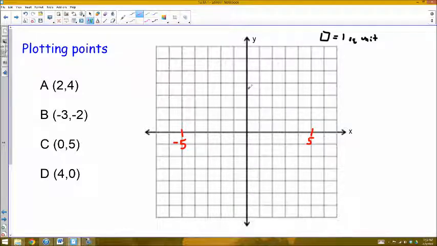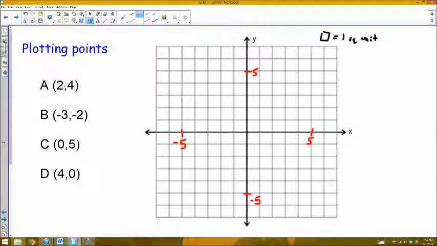I'll go 1, 2, 3, 4, 5 up, and 1, 2, 3, 4, 5 down. And upwards is positive, and downwards is negative.